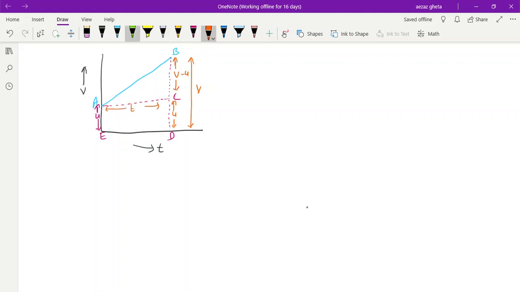So we know that acceleration is equal to the slope of AB. The slope formula is change in y divided by change in x, the change on the y-axis divided by the change on the x-axis, right? So the change on the y-axis is BC, and the change on the x-axis is AC.